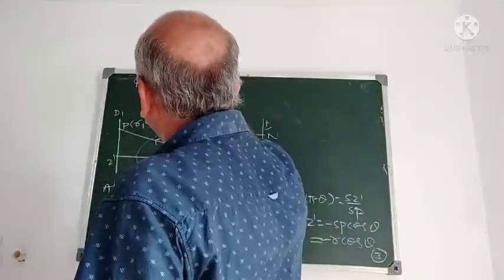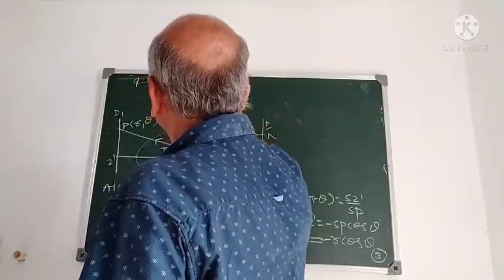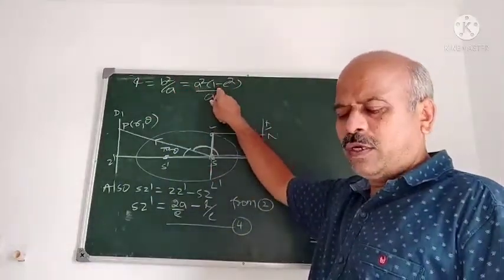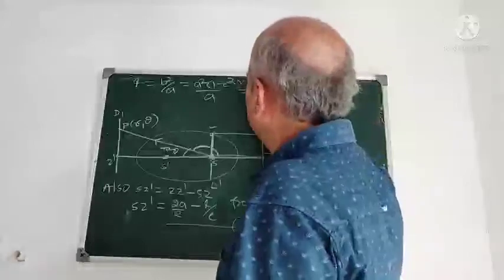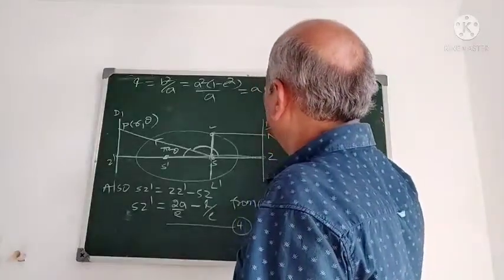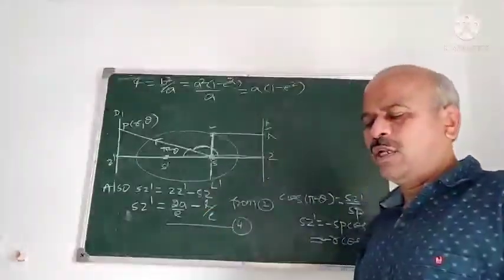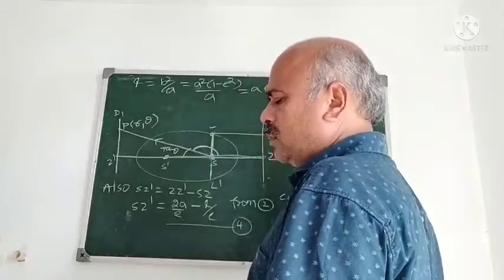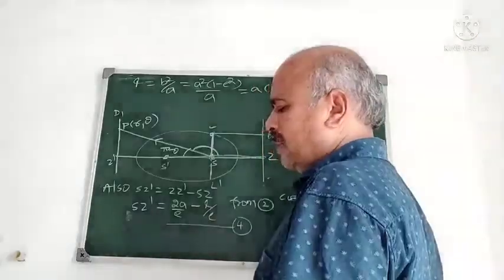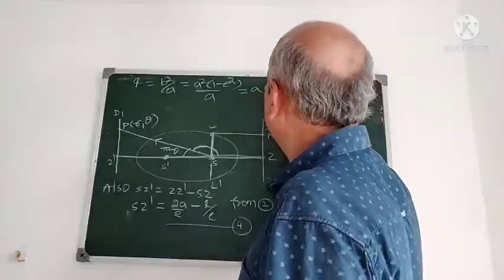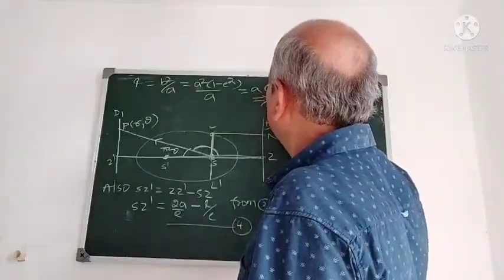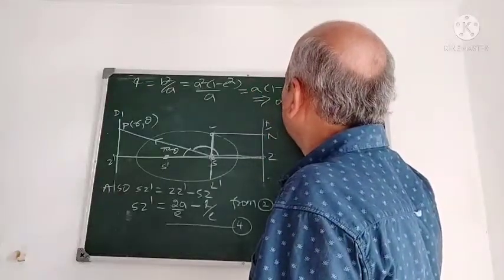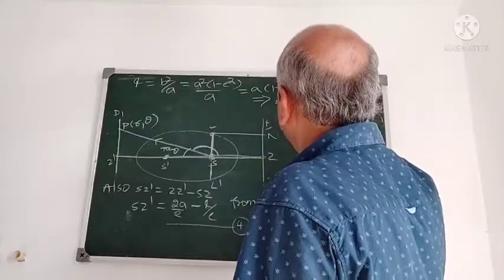In an ellipse, b square is a square into 1 minus e square. Therefore it is a into 1 minus e square, which is small l. So l is a into 1 minus e square. Therefore a is equal to l by 1 minus e square.